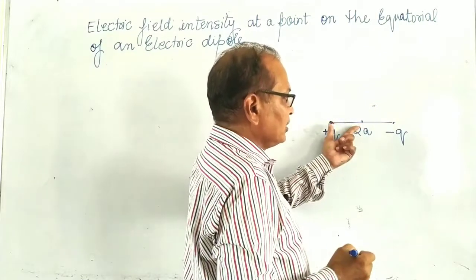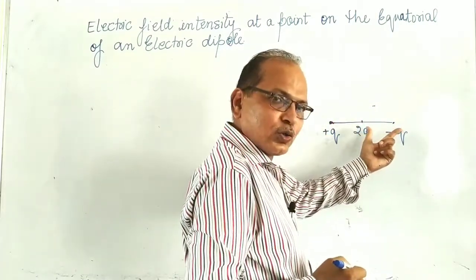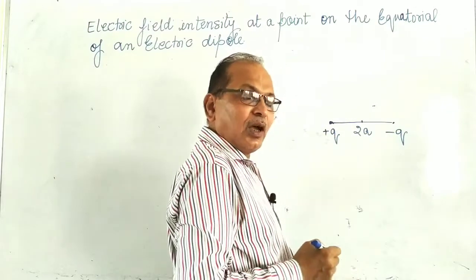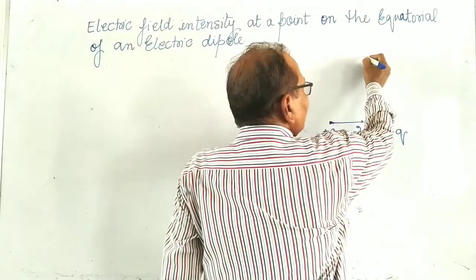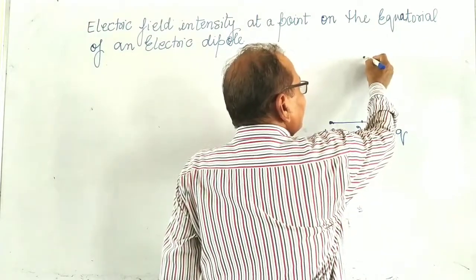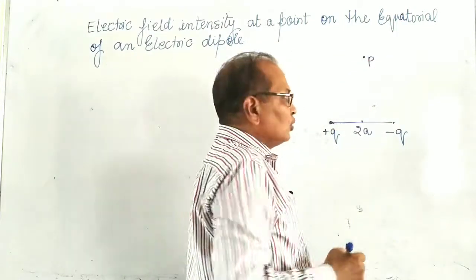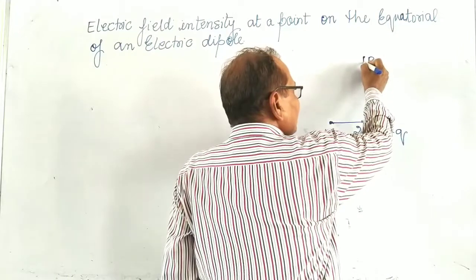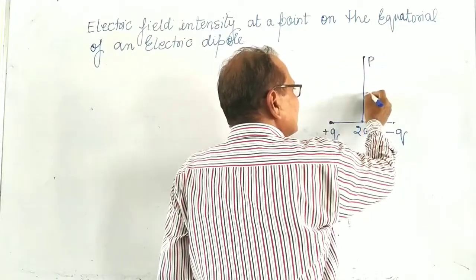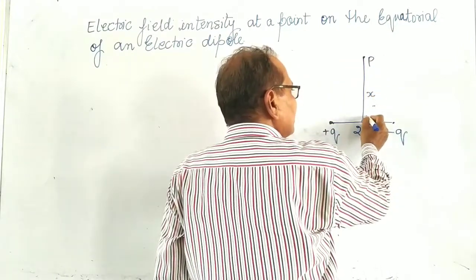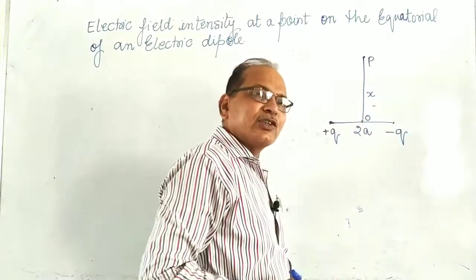This distance is a and this distance is also a. You want to find out the electric field intensity at the point P, which is at the distance x from the center point of the electric dipole O.